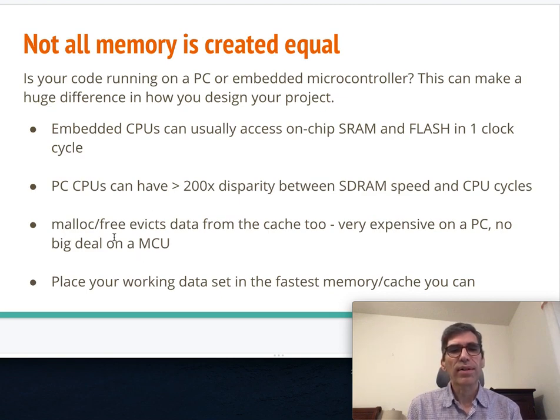Something else to think about is the use of malloc and free and new and delete, in that in a PC where you have a limited amount of high-speed cache memory, the PC is constantly trying to free blocks from the cache that are no longer needed. And when you use malloc and free or new and delete, the operating system typically marks that memory as evict from the cache because you've told it that you don't need it anymore.